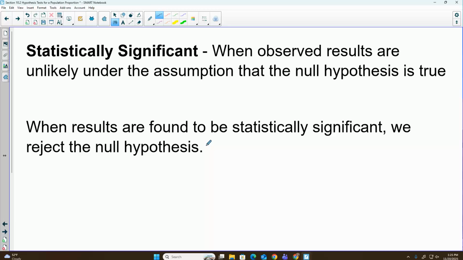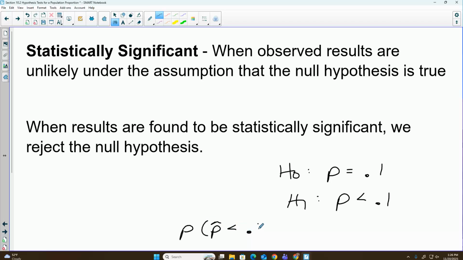Okay, so for instance, my null hypothesis is that p is 0.1, and my alternative is that p is less than 0.1. Okay, so if I work this out and get the probability that p hat is less than 0.1, let's say it turns out to be 0.15.